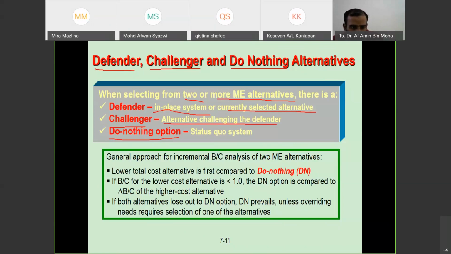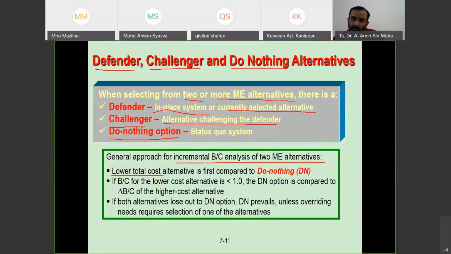So the general approach is using incremental BC analysis of two mutually exclusive alternatives. They have their steps. The lower cost alternative is first compared to do nothing. So we are going to calculate the total cost for each alternative given.